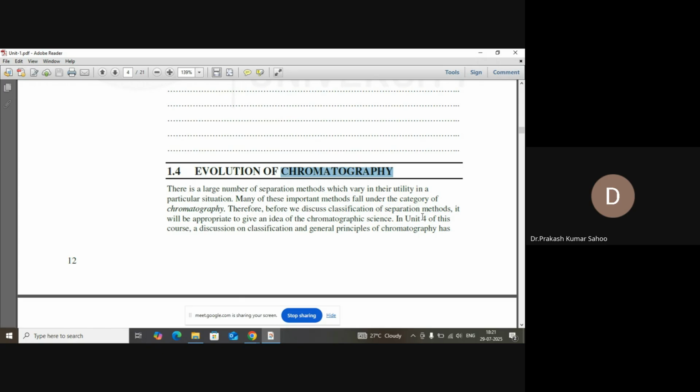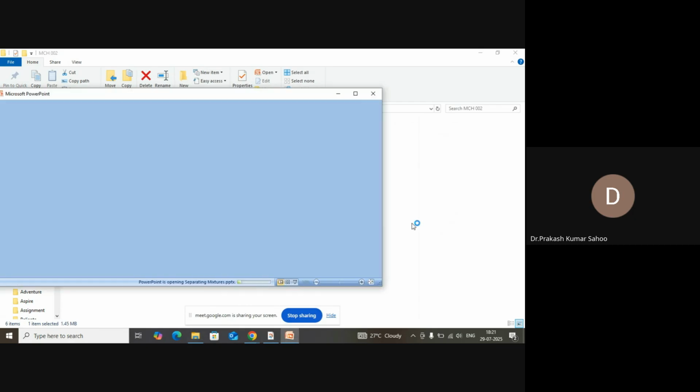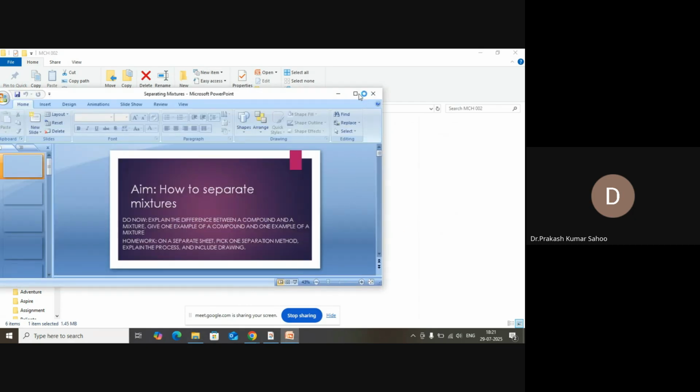Just see here, I have one PPT. This is just the fundamentals of separation methods, that is, how different components of a mixture get separated using different separation techniques.